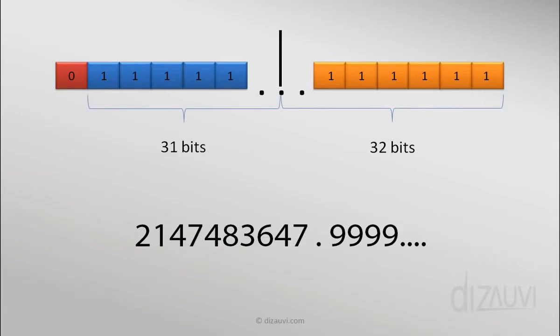Now in 64 bits, this is the largest number that can be stored. It's just about over 2 billion. Again, not very large considering that we are using 64 bits. So by using fixed point representation, we are compromising on both aspects of the number. How large a number is dictated by the integer part, and how precise it is dictated by the fractional part.